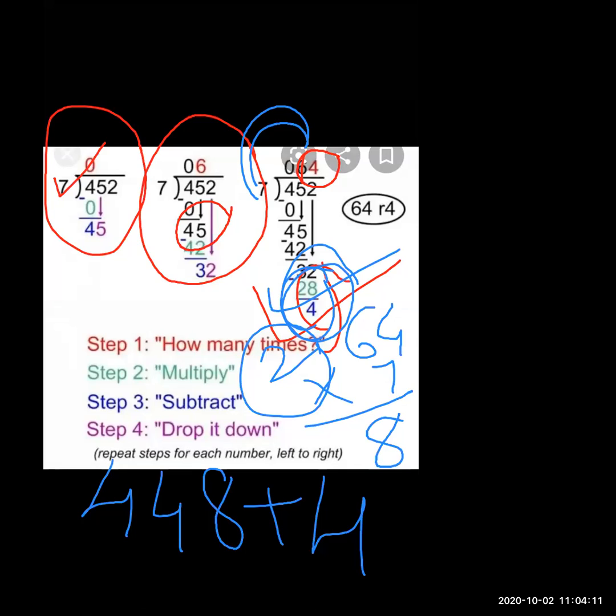Very good. So understood. Your dividend is what? See, everyone look here. Your dividend is 452. That means your answer is correct. Understood? This is how you do the cross check.